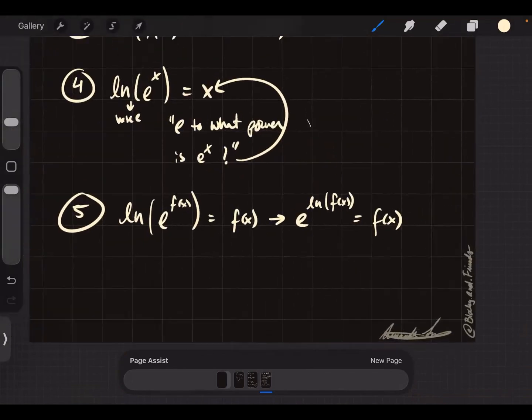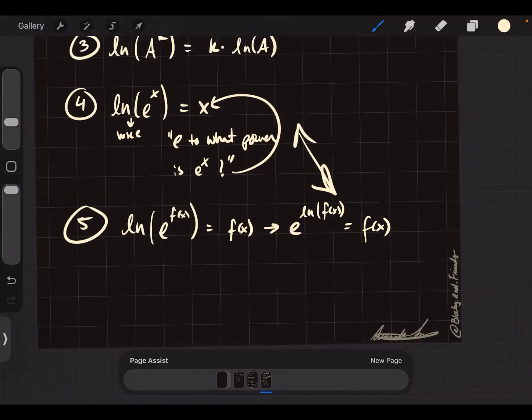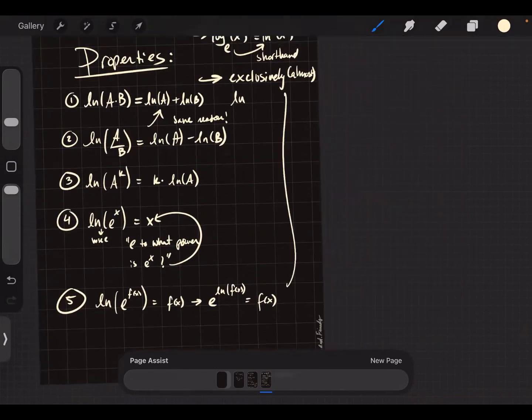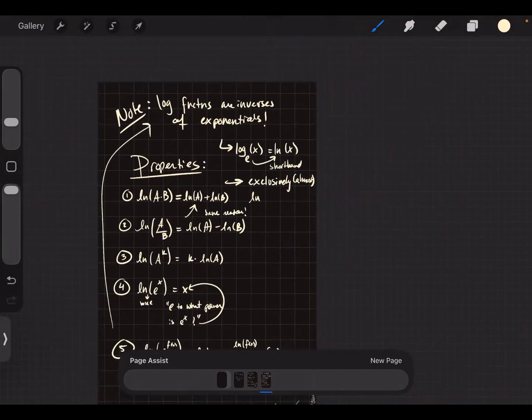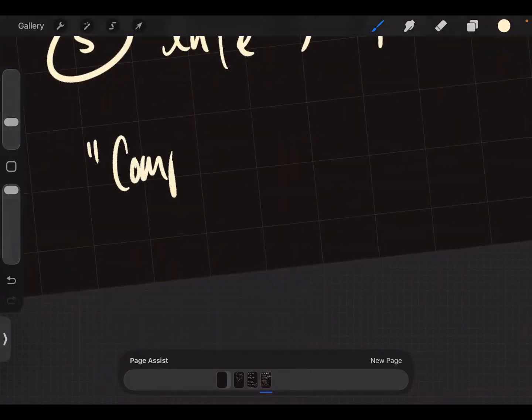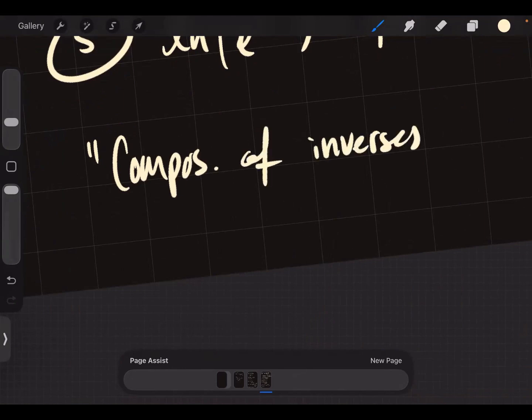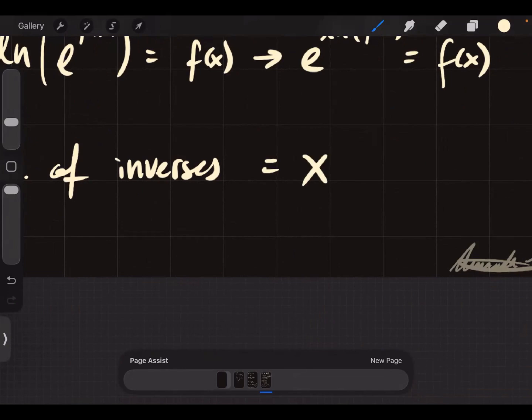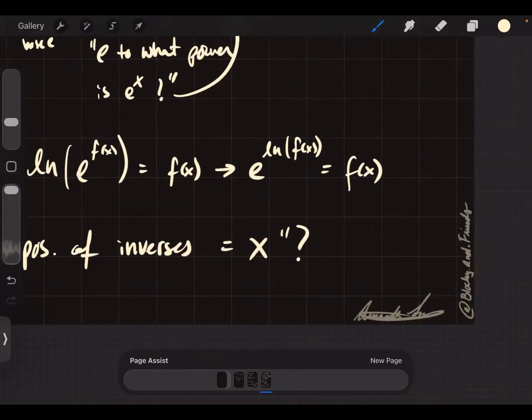Again, these are inverse functions, which we brought up earlier. Do you remember that whole thing we said? Compositions of inverses equal x.